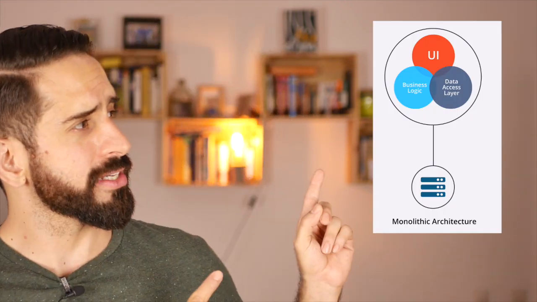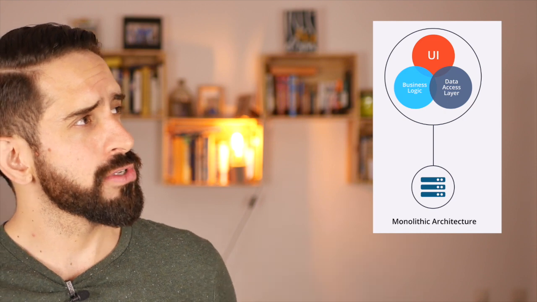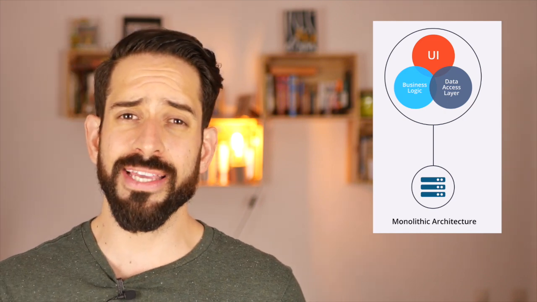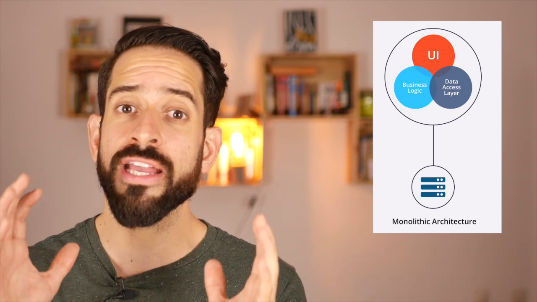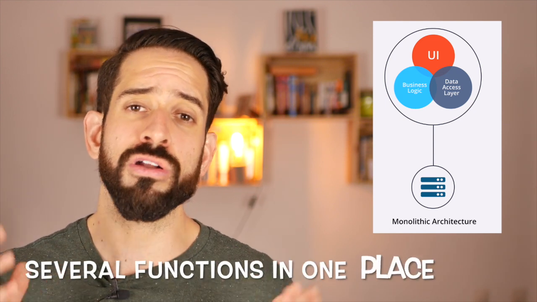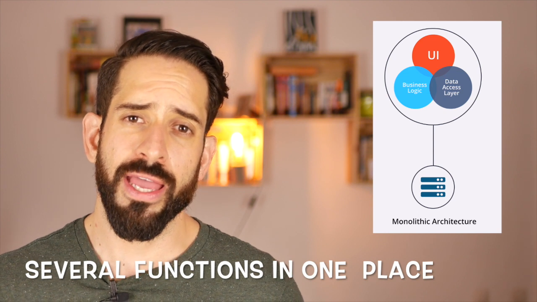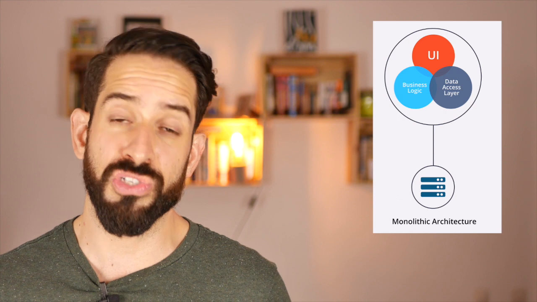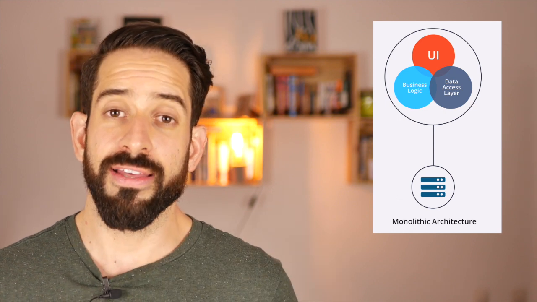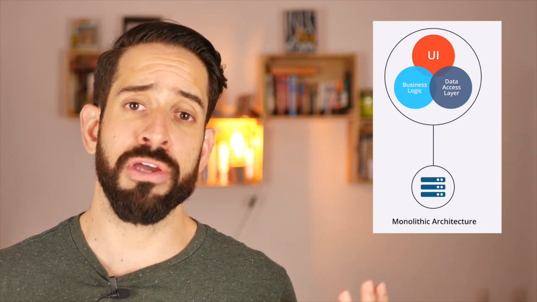We can check an example right over here, right now. As you can see, we have several functions in one single place. This is a monolithic architecture. Everything is sharing the same database, the same server, the same file type, and the same machine.